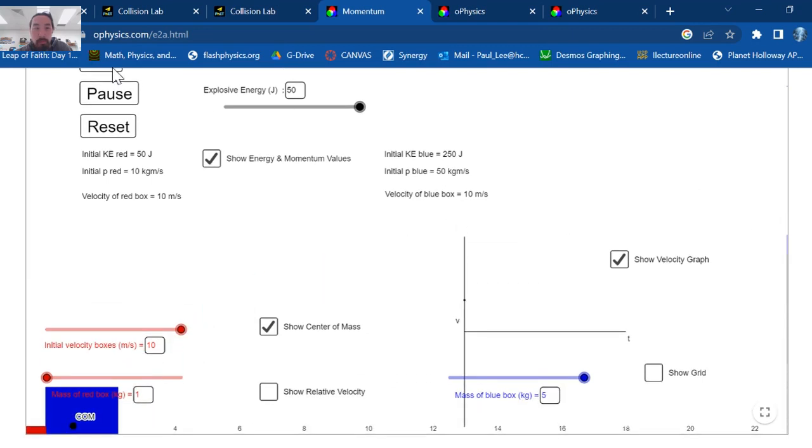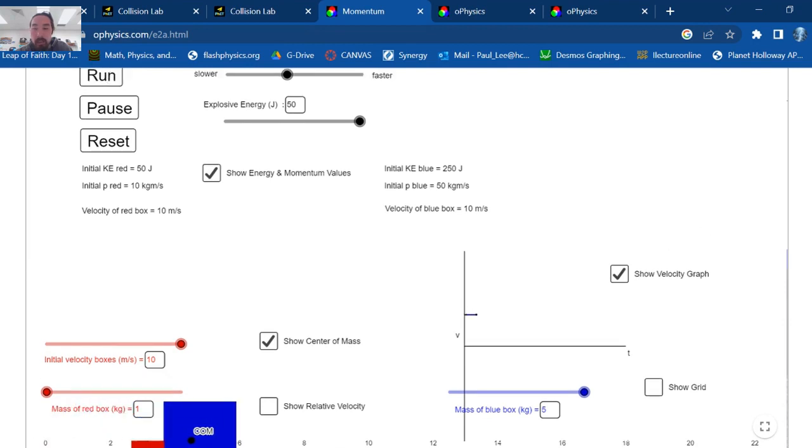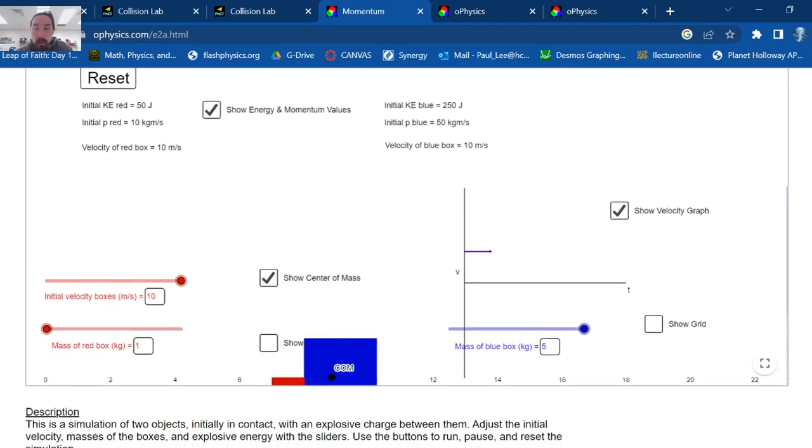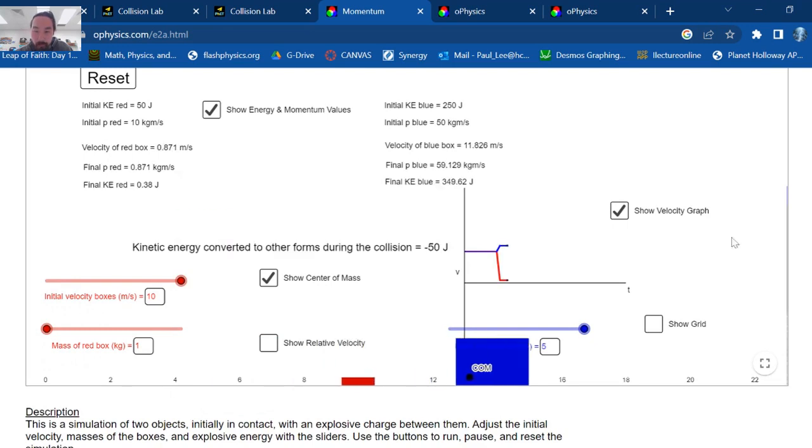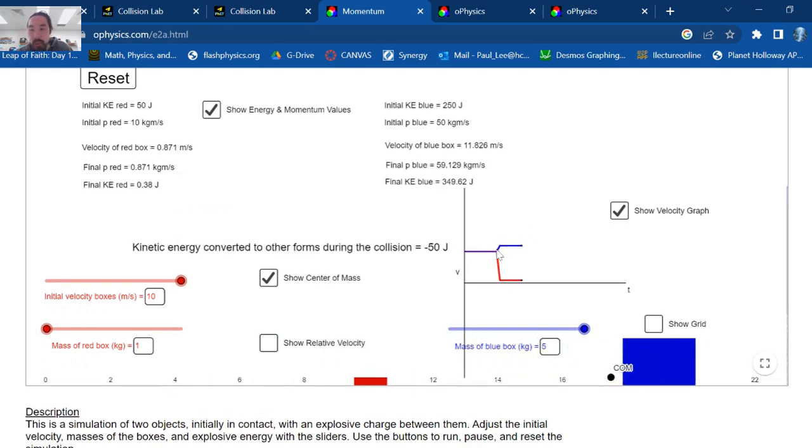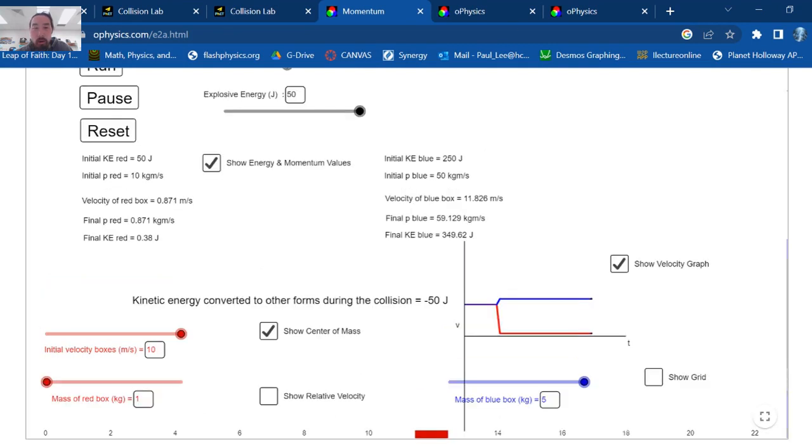Push run. That's there. The velocities also change upon explosion. So it's going to explode right there, but we can see that the average will still be where the initial velocity was.